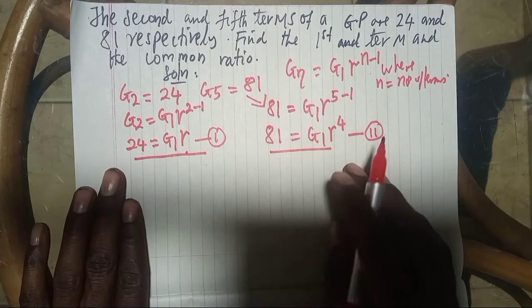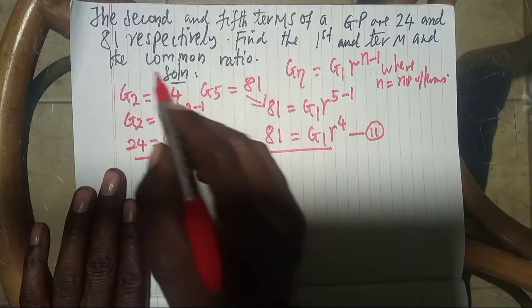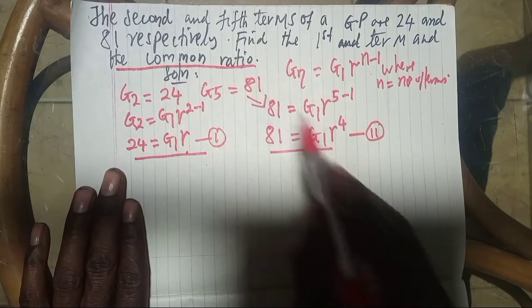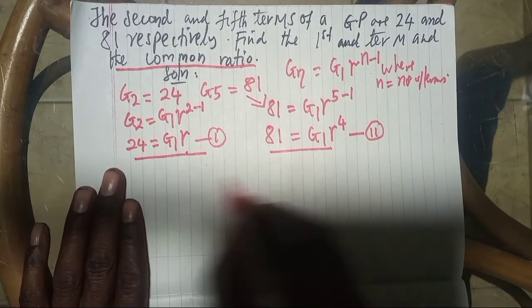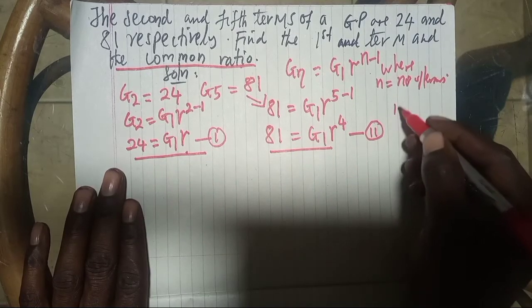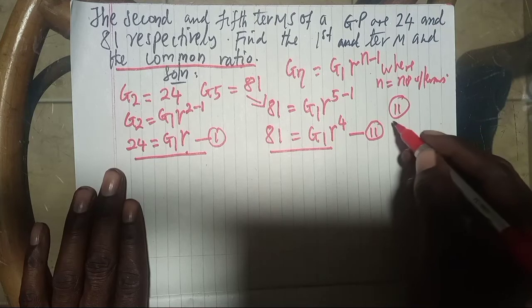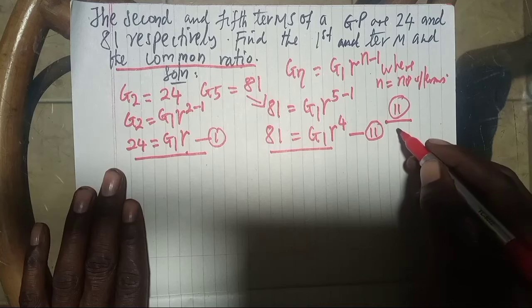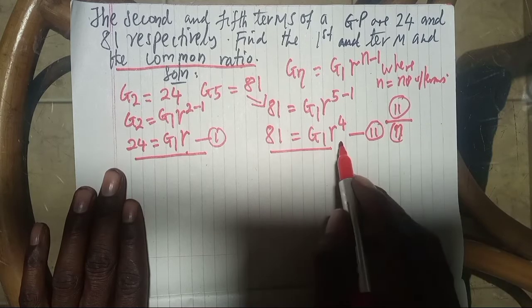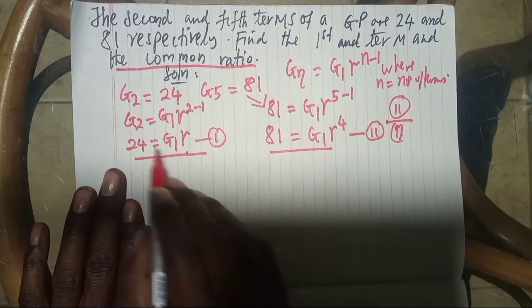For geometric progression, we only deal with a common ratio. So we find the ratio of these two terms, that is, the ratio of the second equation to the first one.